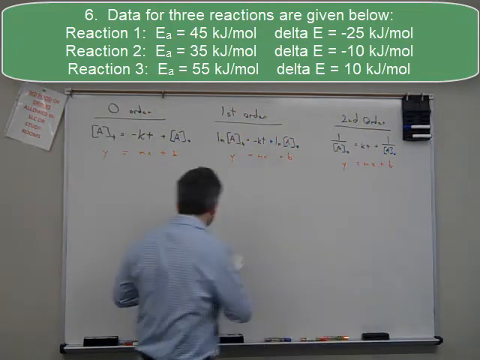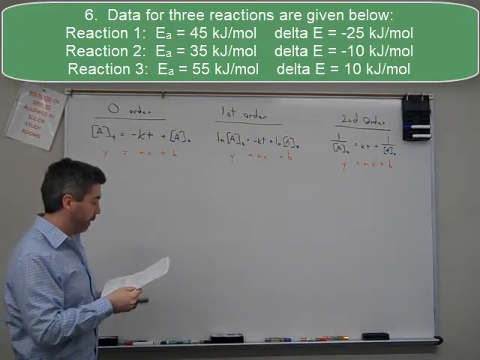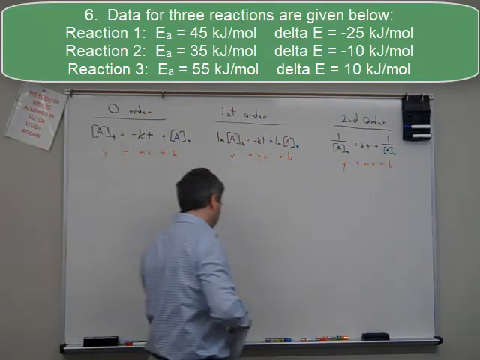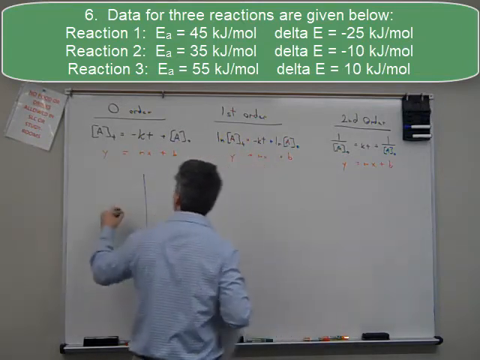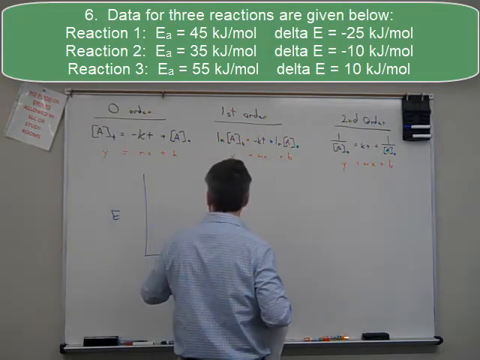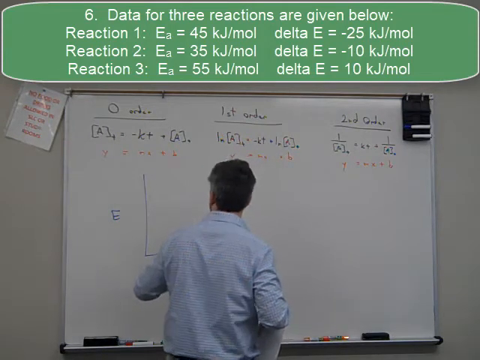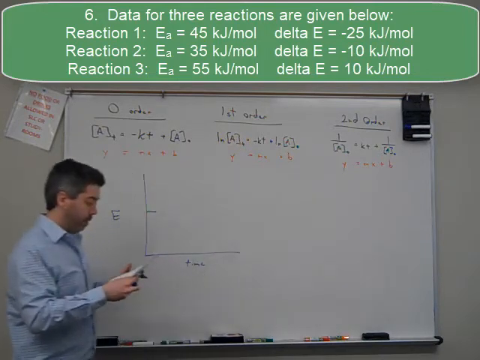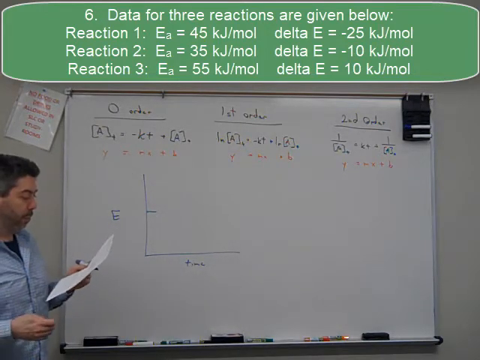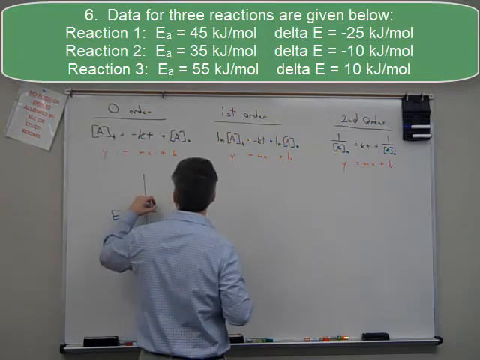So first, it says reaction 1 has an energy of activation of 45 kilojoules per mole. I'll set my energy and my time. So here's my reactants. And I have 45 kilojoules per mole as my activation energy.